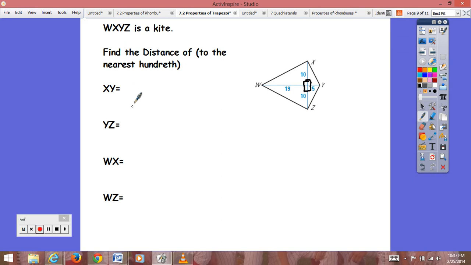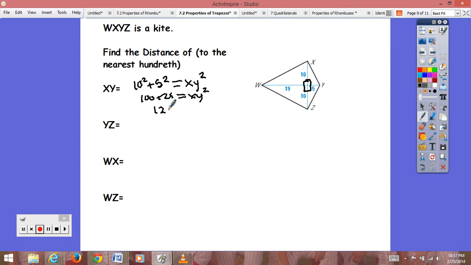To find XY, we take 10 squared plus 5 squared, and that is equal to XY squared. 100 plus 25 equals XY squared.